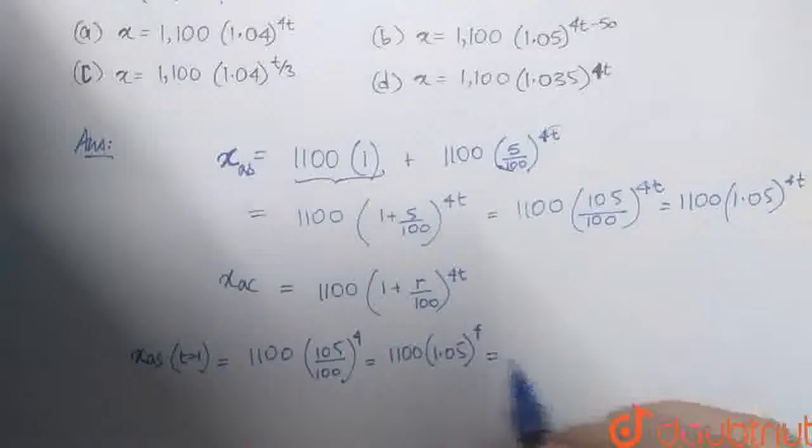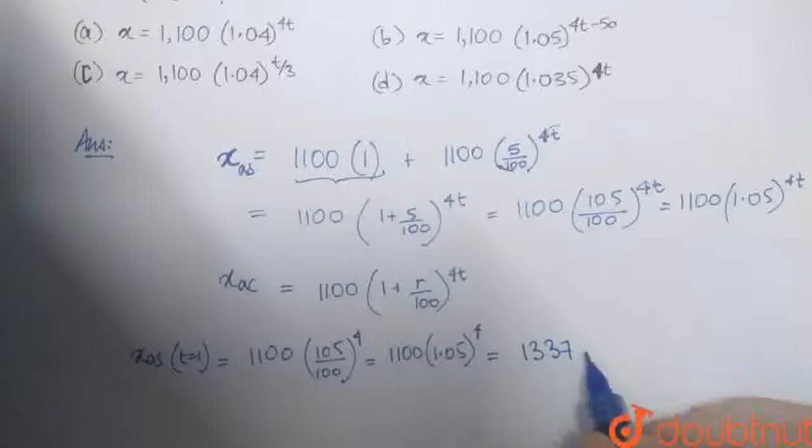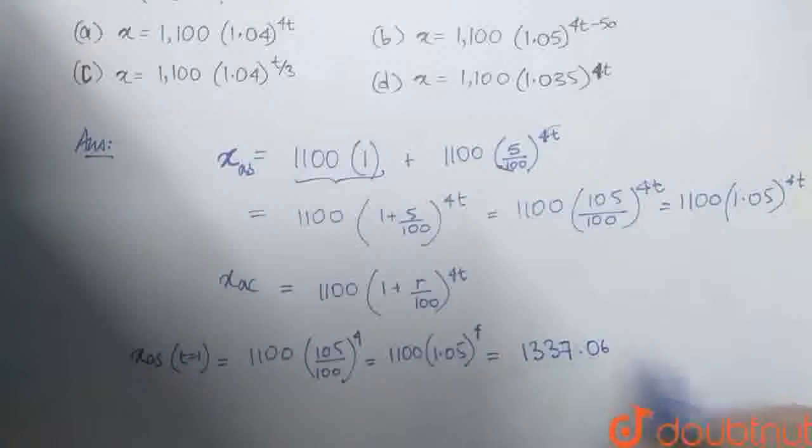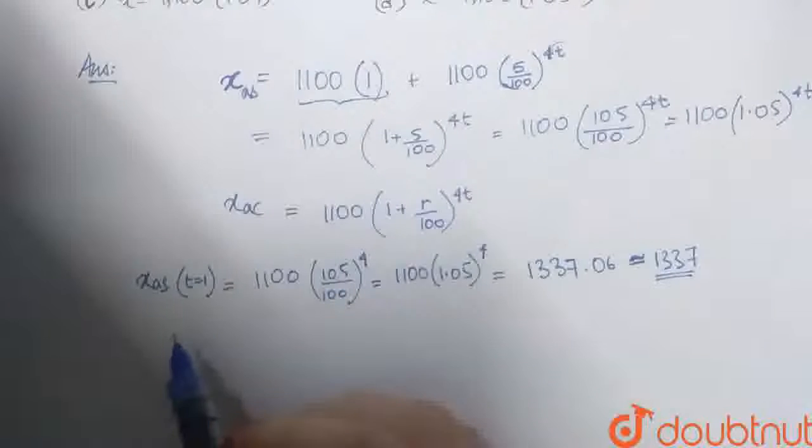So this value turns out to be 1337.06, right? So we can ignore the 0.06 and we'll just have 1337, right? So this is the amount that she thought she would have had, the assumed value.